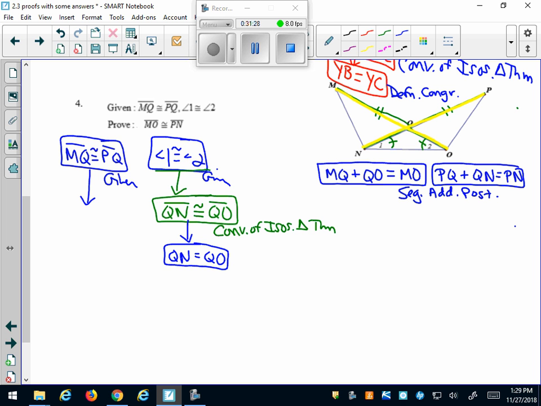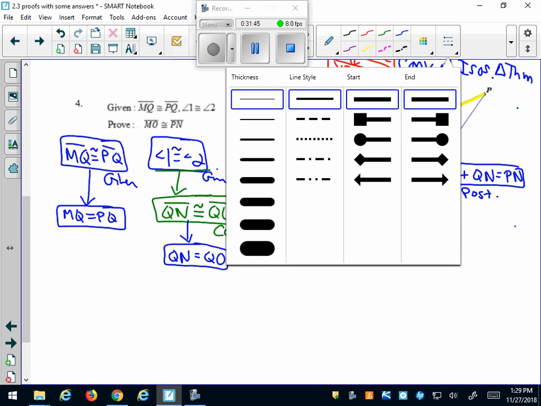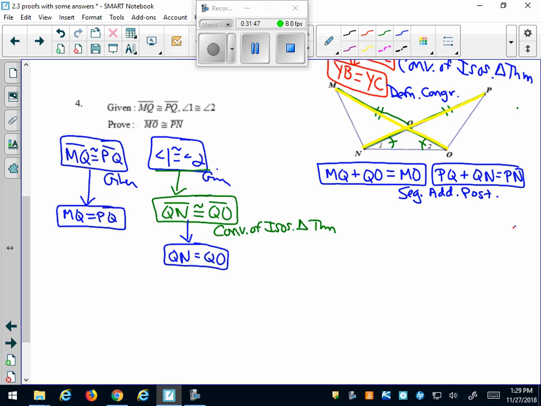Okay, so since we have equations over there with segment addition postulate, we want to get these in the form of equal signs so that we can substitute in for each other. Now, think about the big picture here. We're trying to get this MO equal to PN. Right? That's what we're trying to do. Yep.